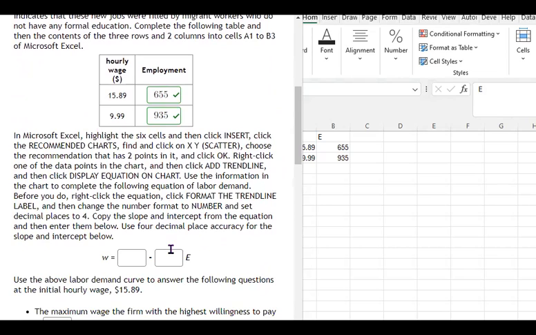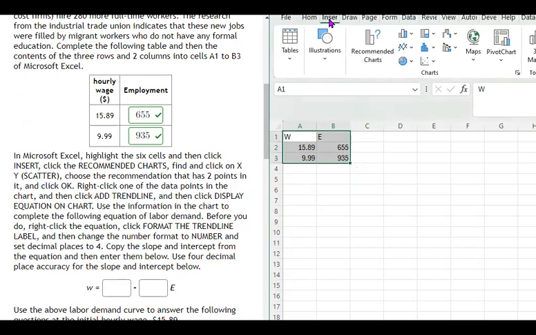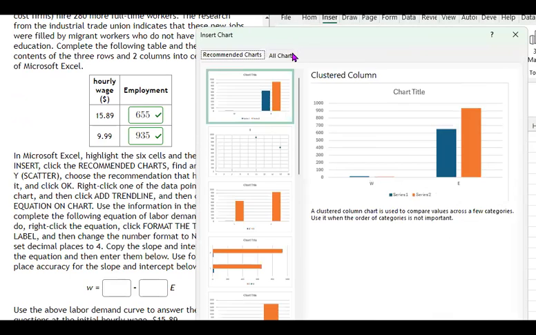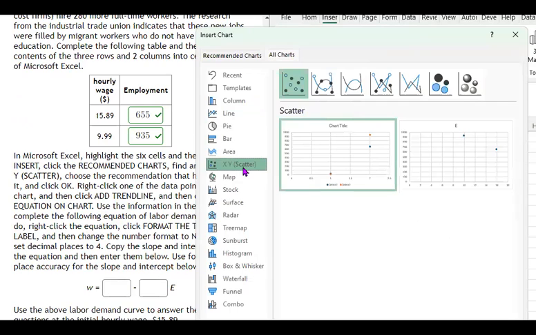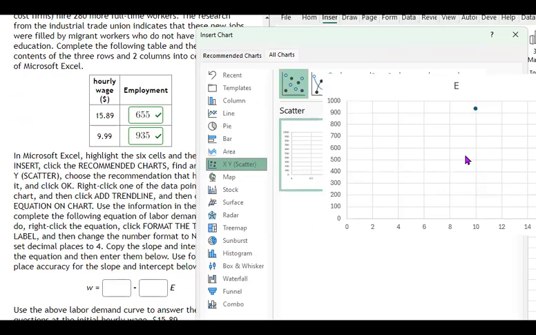Now in Excel, we're going to highlight these 6 cells and build a scatter plot like we did in the previous lesson. So if we highlight this, and then click Insert, Recommended Charts, then go to All Charts, we can go to Scatter. Again, we have 2 points, so we don't want to pick this chart. We want to pick this chart over here on the right.